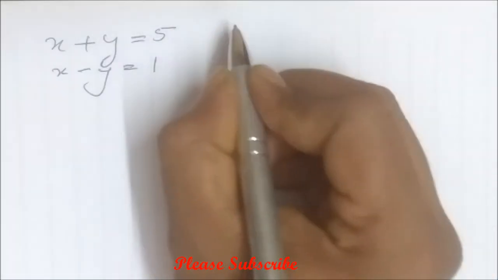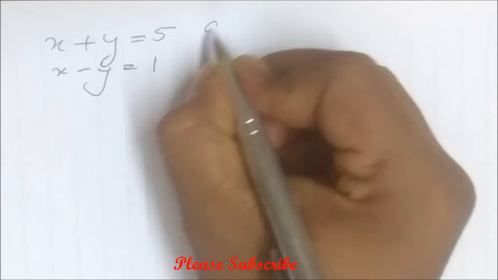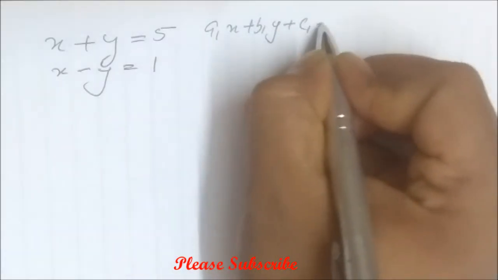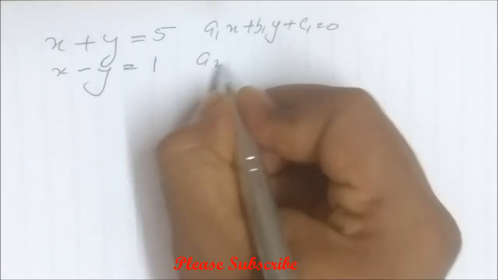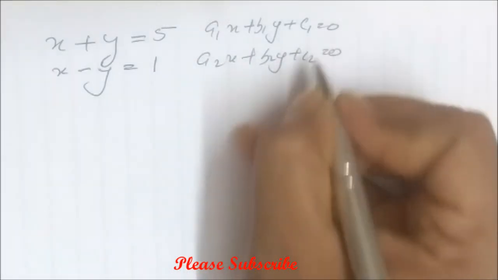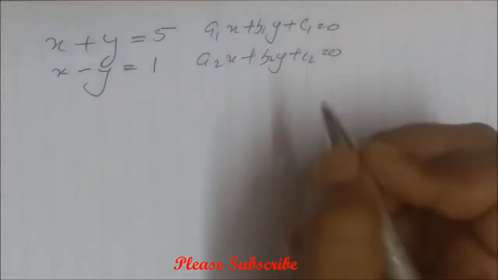We know the general form of this linear equation is a1x plus b1y plus c1 is equal to 0 and a2x plus b2y plus c2 is equal to 0. These are the general forms.